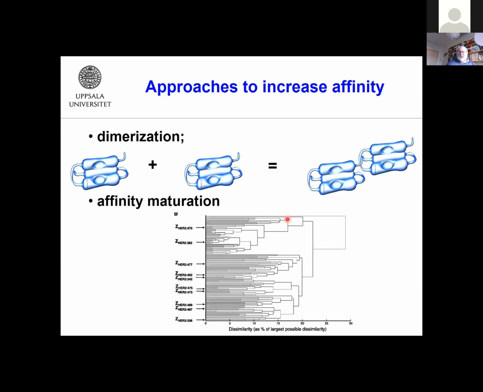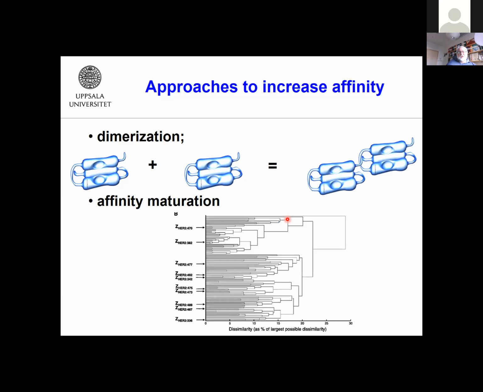In this way, you gain the so-called avidity effect, and typically you reduce the dissociation rate with dimerization and accordingly increase affinity by an order of magnitude. And it's a relatively straightforward process. A good master student could do this work within 1 or 2 months.